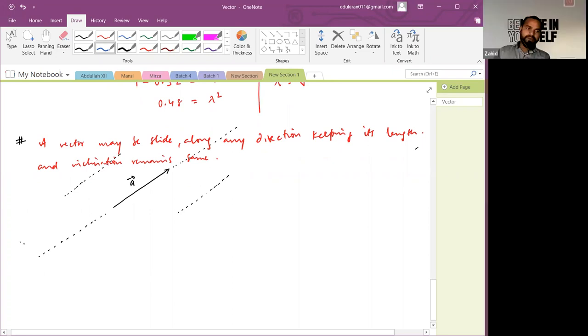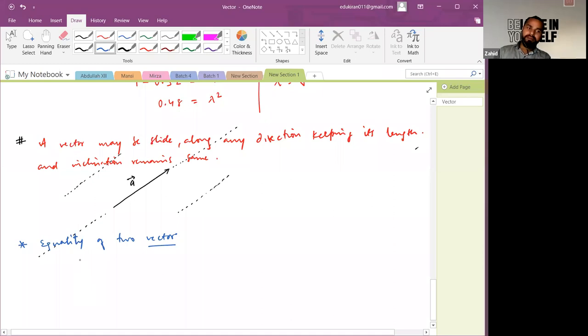Now from this, we can define what would be the limiting condition for equality of two vectors. A vector has just two parts, one called magnitude and the second called direction.